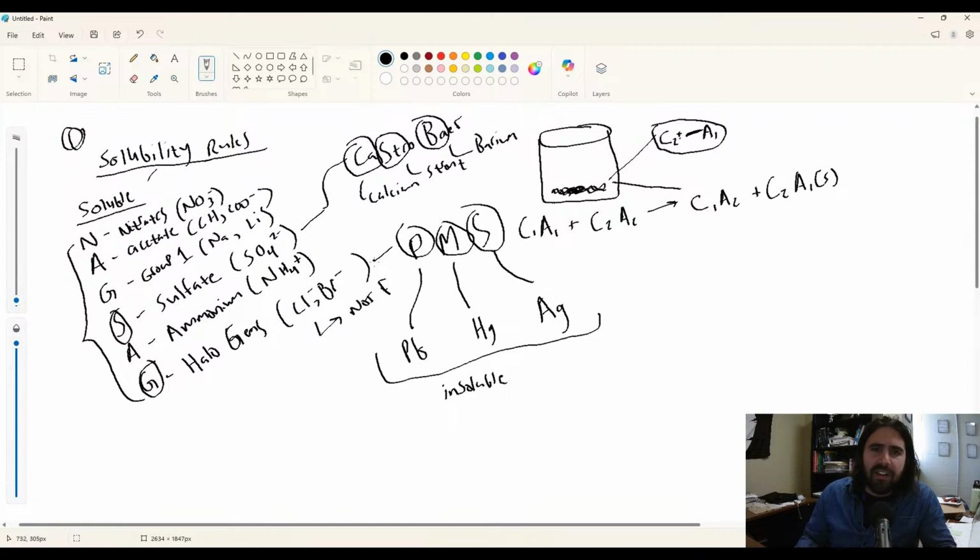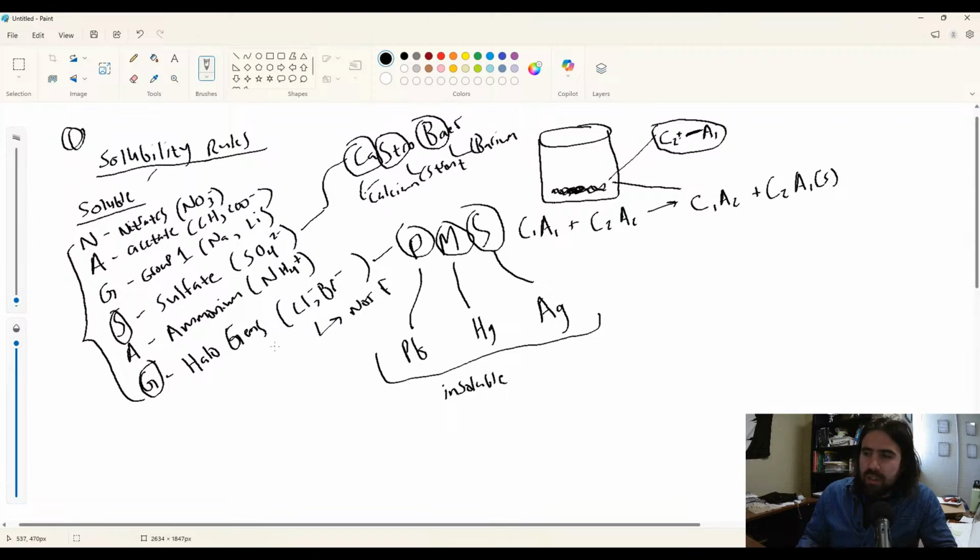Otherwise, the halogens are always soluble. As far as sulfate is concerned, if it's paired with anything from Castrobare, so calcium, strontium, or barium, then those are also going to be insoluble. So you can assume that all the stuff from NAGSAG are soluble unless they run into PMS or Castrobare, the well-known communist bear.